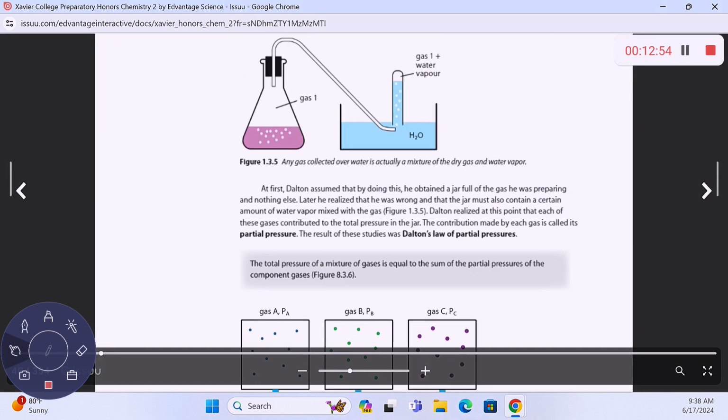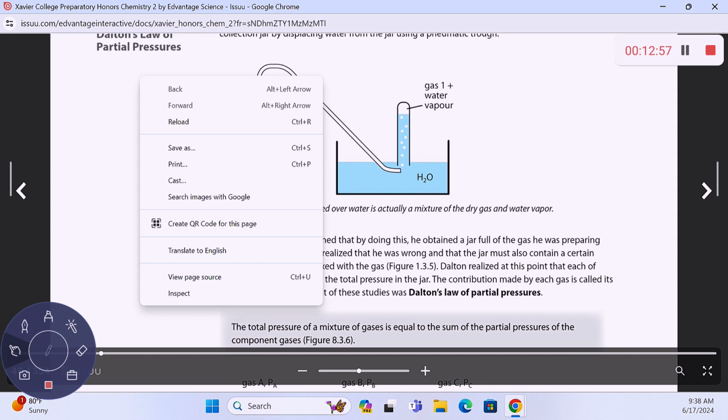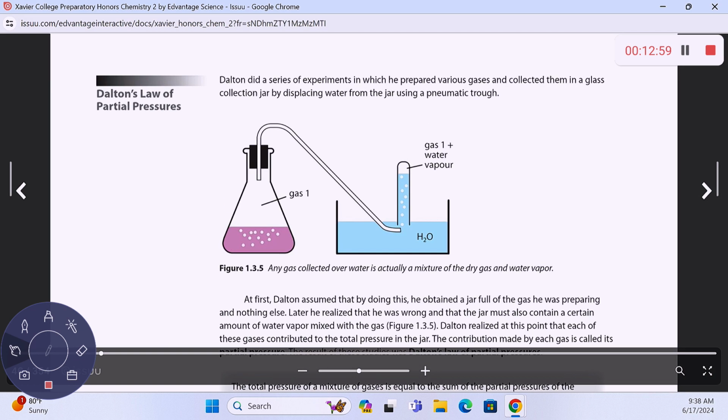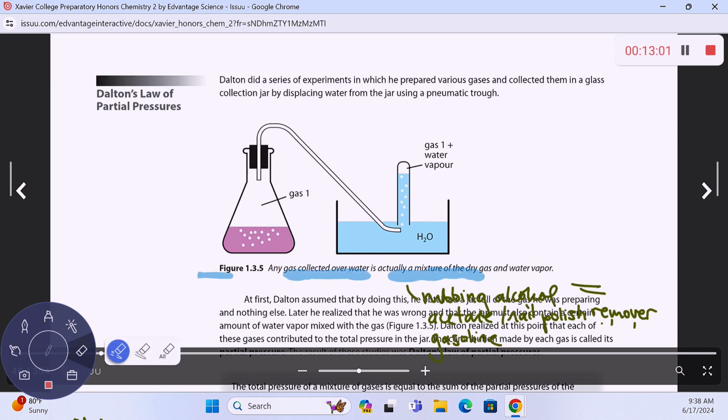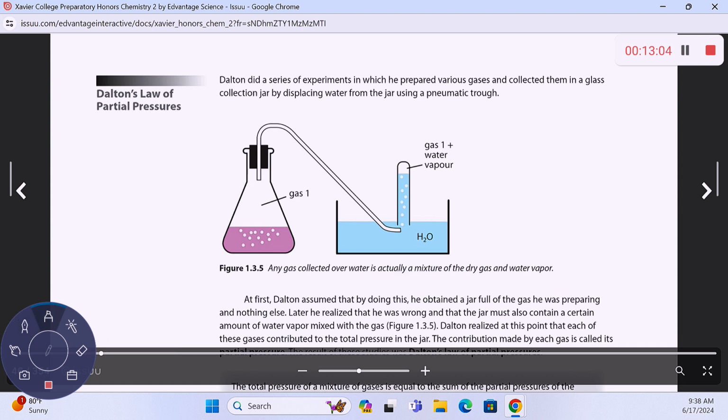Let's go to Dalton's law of partial pressures. So we started talking about gases being collected over water at the very beginning of this section. And anytime you read about a gas being collected over water, you're going to be using a version of Dalton's law of partial pressures, which says that the total pressure would be equal to the gas that's being collected over water plus the vapor pressure of water.